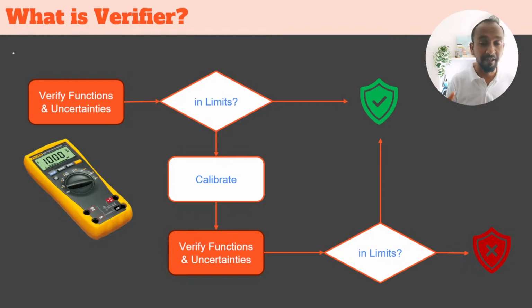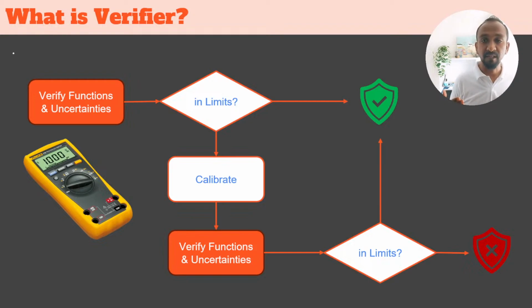You would compare against what your DUT, the unit under test, your multimeter, shows. Is it very close to the standard that you have? If it is very close to the standard, then you say it's within the limits. So that's how you usually do the verification.